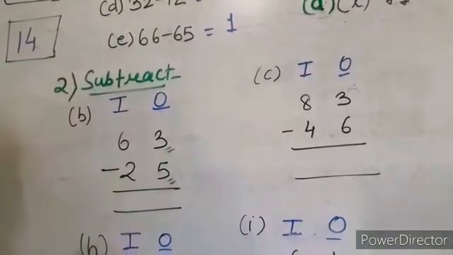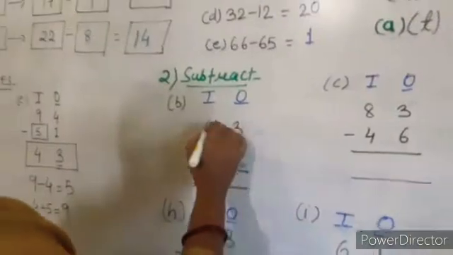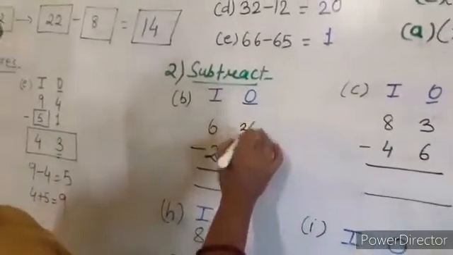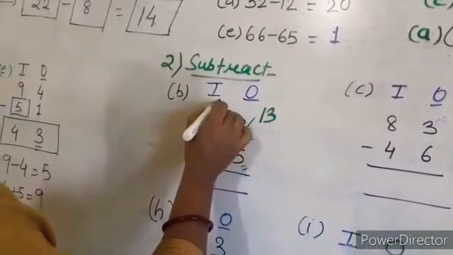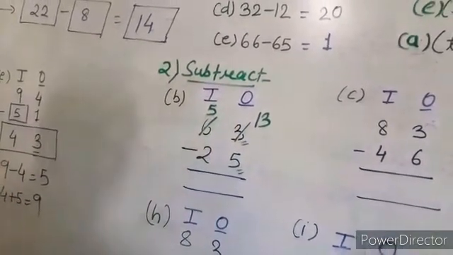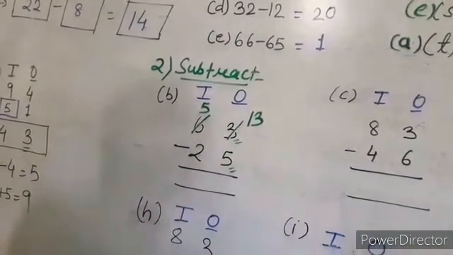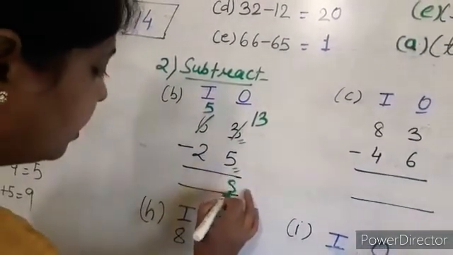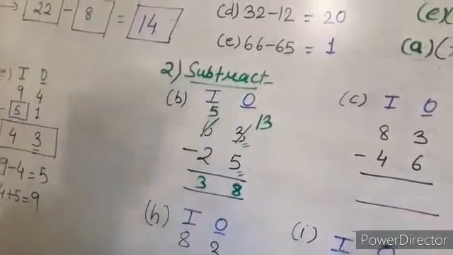So what do we have to do? We take a number from the tens place. So here we can write 13, and the tens digit becomes 5. Now you can subtract the numbers. So 13 minus 5 is 8, and 5 minus 2 is 3.